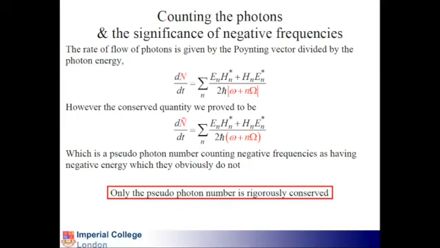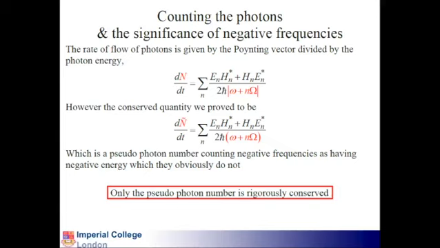But I wasn't quite straightforward with you when I gave you that expression for photon conservation, because this is the expression which is true when you divide the Poynting vector by omega plus n omega. You find that this pseudo photon number is conserved.